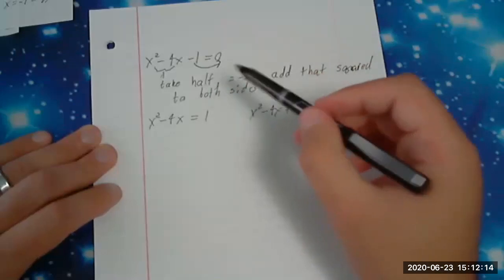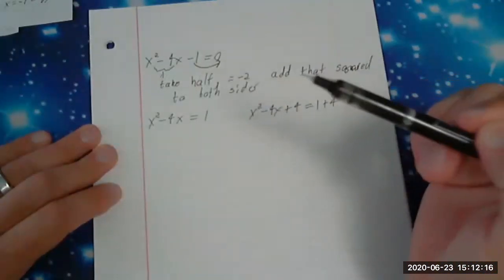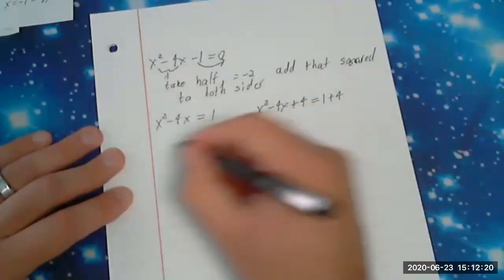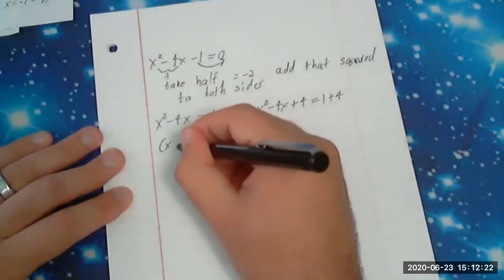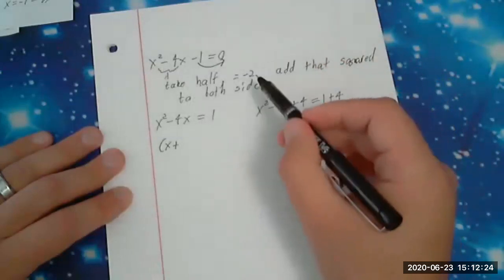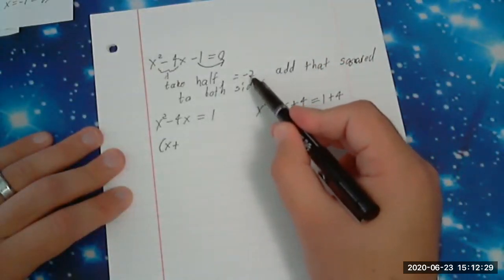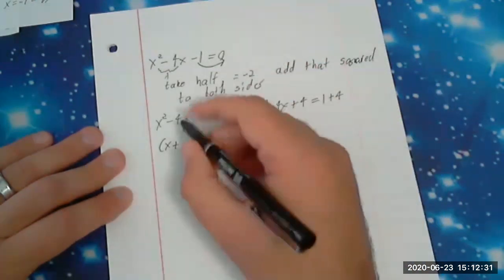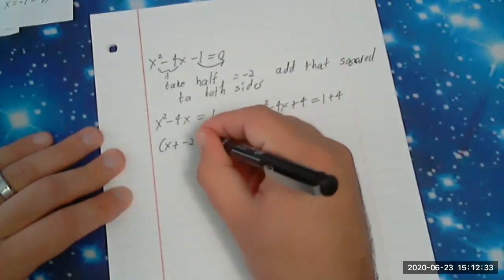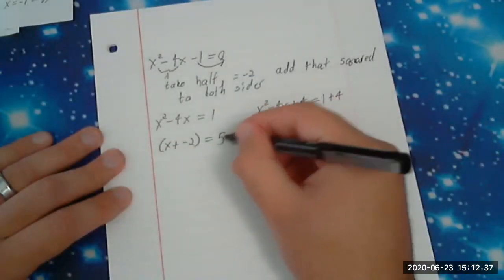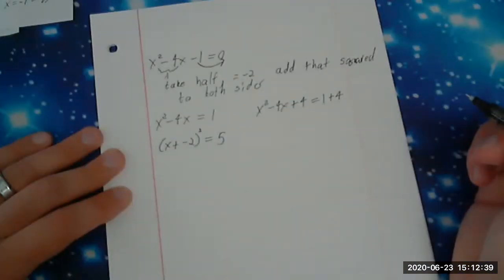And by doing it this way, we know that this always scrunches down into x plus half of that thing that we took right there. And then 1 plus 4 is 5. Sorry, I forgot the square.